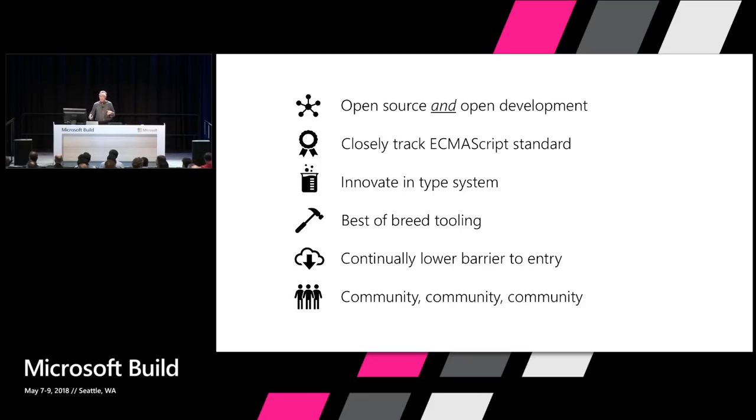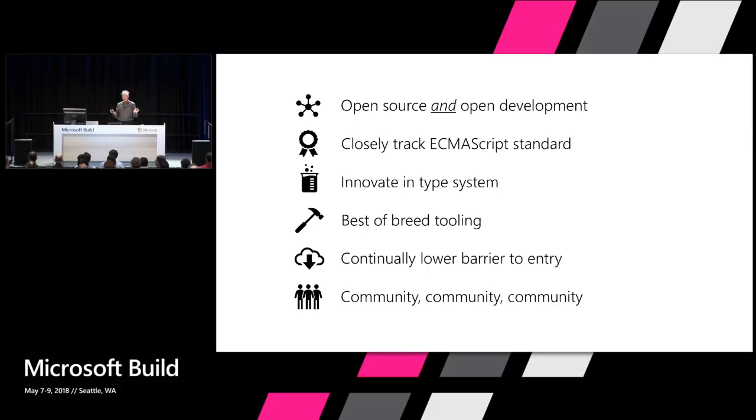However, we do see the type system subset of the language as being our purview, and we are committed to doing lots of innovation in the type system. And of course, we see one of our core assets being the great tooling that we can build because of these extensions.